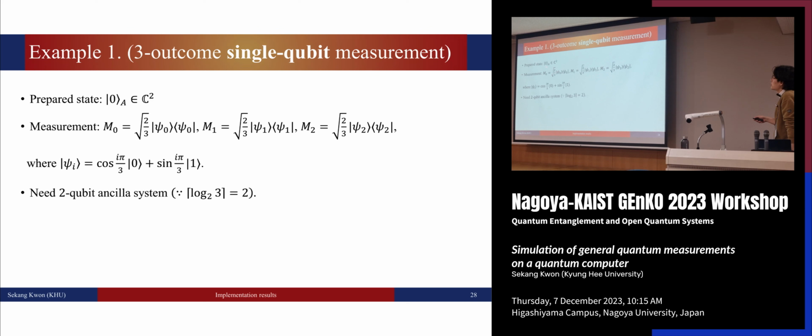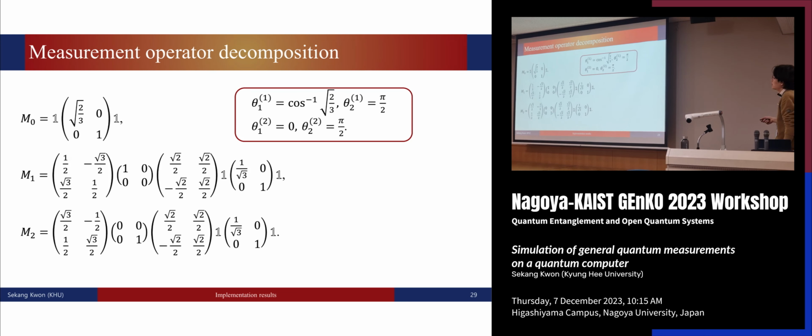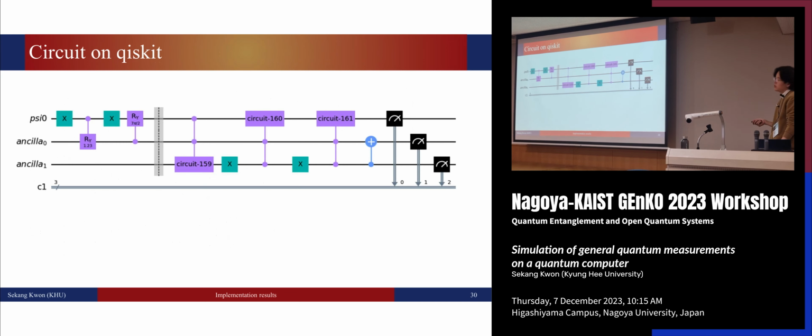The prepared state is 0, and the measurement operators are like this, where psi i is defined like this. This is the measurement operator decomposition, and this is the circuit diagram in cascade.